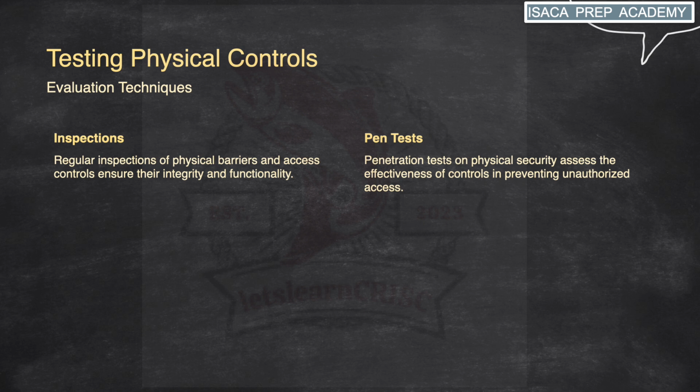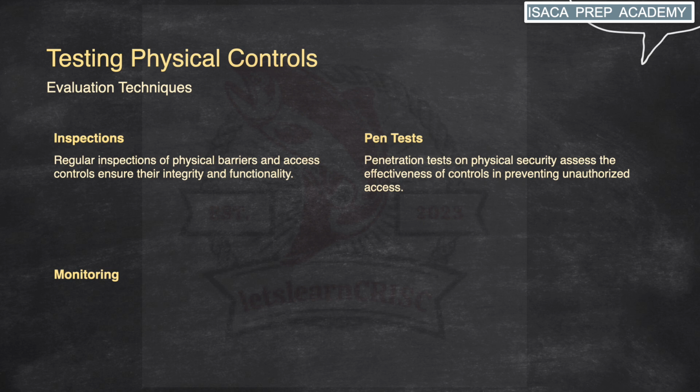By acting on the recommendations provided, organizations can mitigate security risks, strengthen their physical security defenses, and better protect their assets, data, and personnel from unauthorized access and security breaches. Overall, friends, physical penetration tests play a crucial role in ensuring the effectiveness of physical security controls and safeguarding against potential security threats.